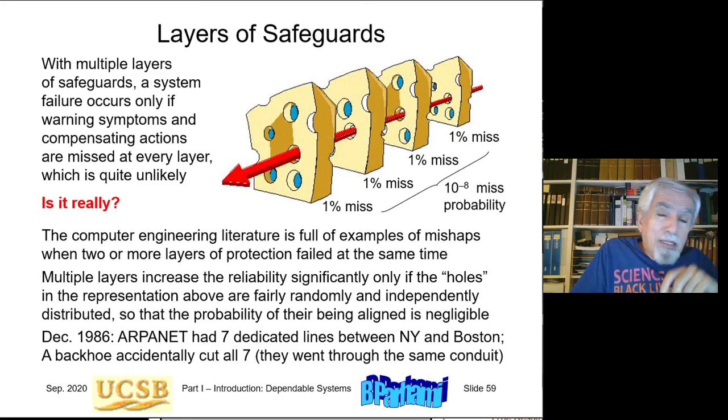That fabric, if it's perfect, maybe it can stop a bullet of a certain kind, but the fabric has imperfections, such as the holes that you see in this diagram. So these are sort of cheese slices with holes representing that fabric. And those holes are basically imperfections in the fabric that could allow a bullet to go through.